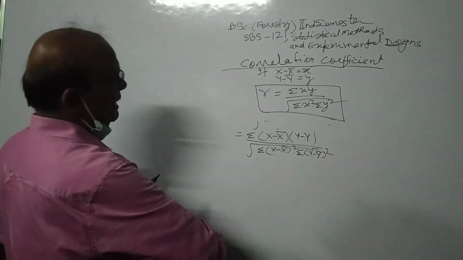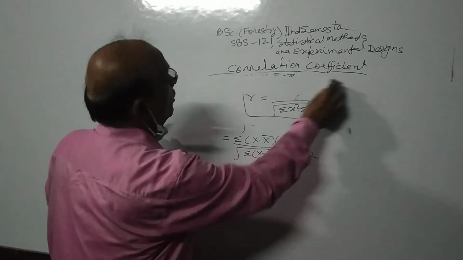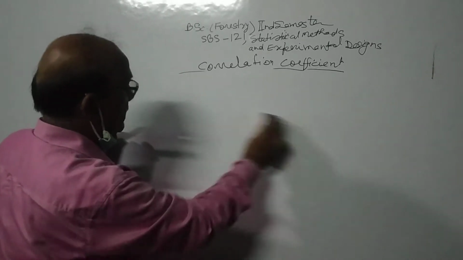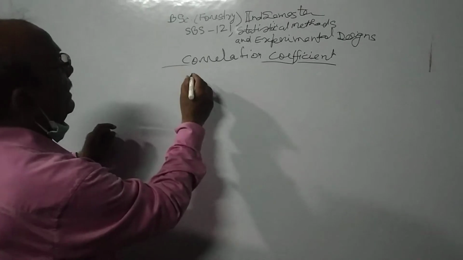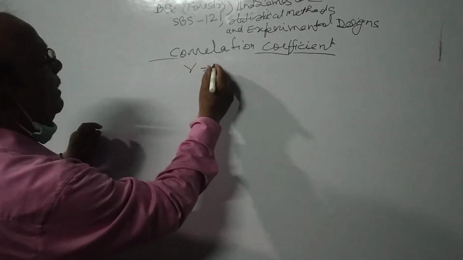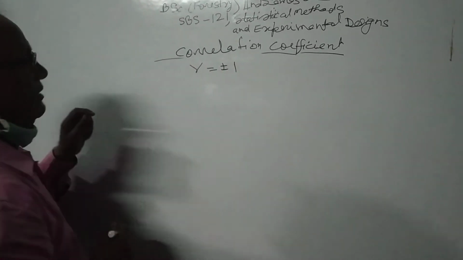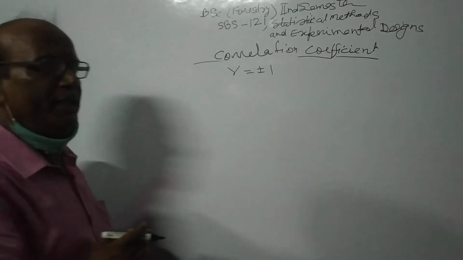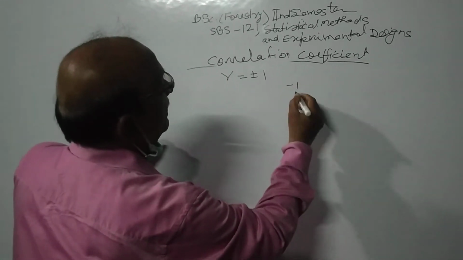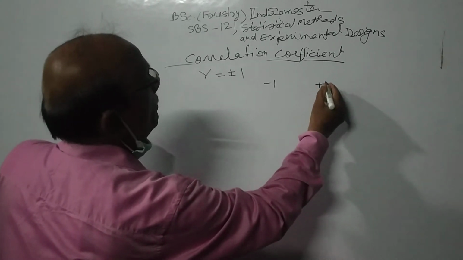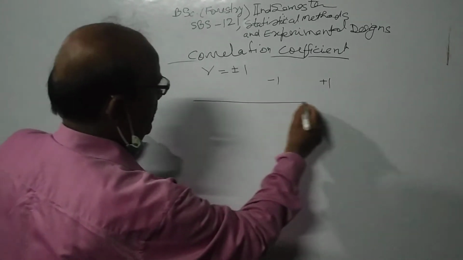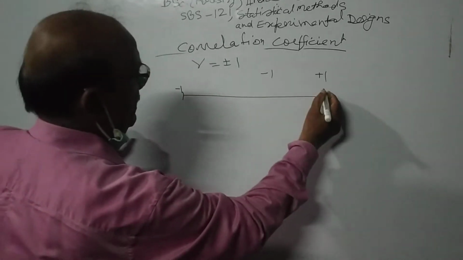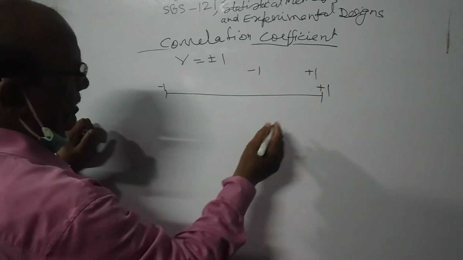What is the limit of the correlation coefficient? The range or limit is plus or minus 1. The correlation coefficient has a minimum value of minus 1 and a maximum value of plus 1.